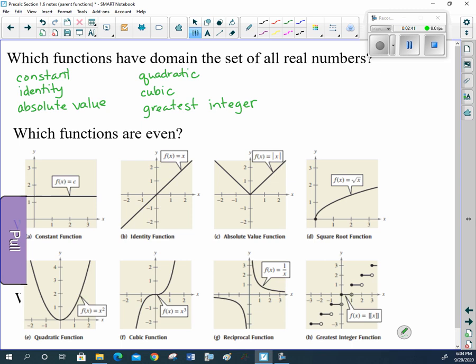Okay, and then the next question below it says, which functions are even? So remember, even functions have symmetry with the y-axis. So that would be the constant function. Let's get some room here.